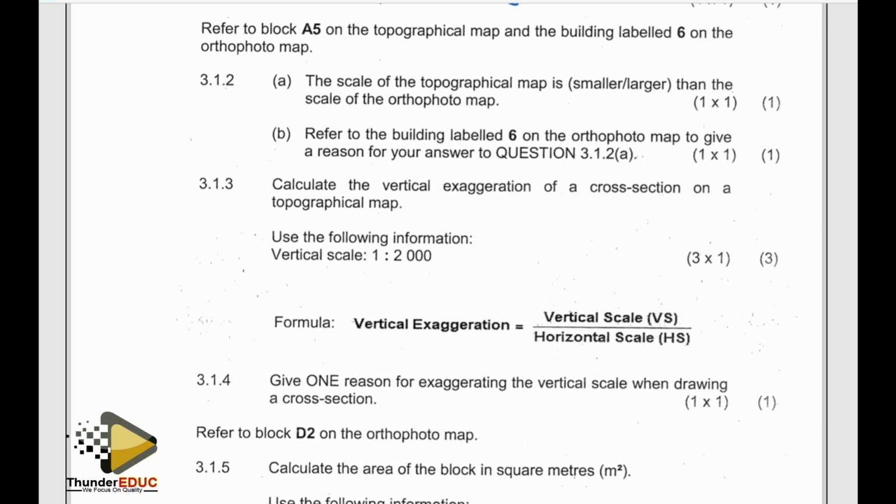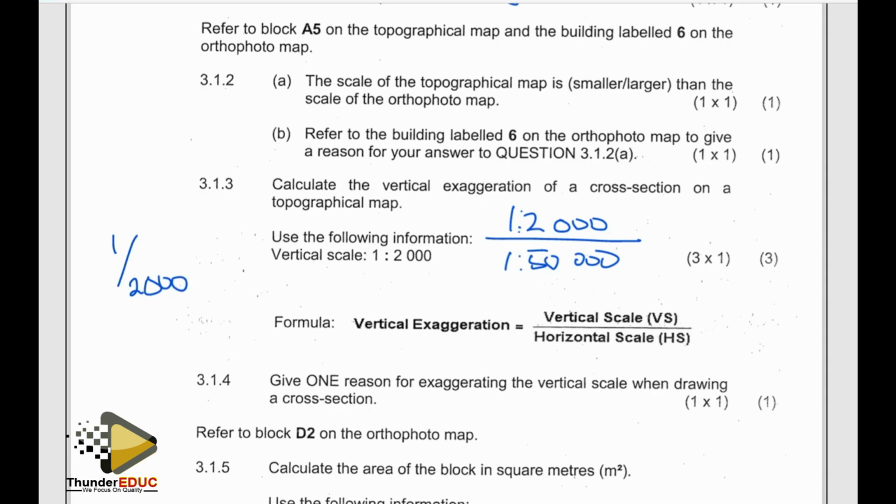We can only stretch the vertical scale, which means the vertical scale is 1:2000, and the horizontal scale we cannot change. It's an extract from a cross section which was taken from the topographic map. We know that topographic maps are drawn to the scale of 1:50,000. So we have our vertical scale 1:2000 and our horizontal scale 1:50,000.